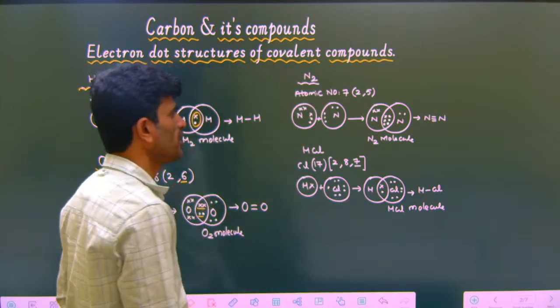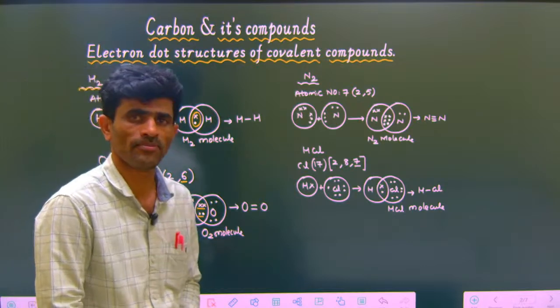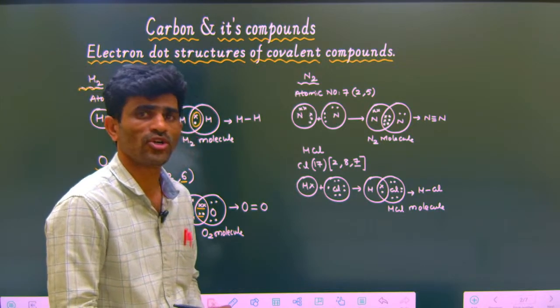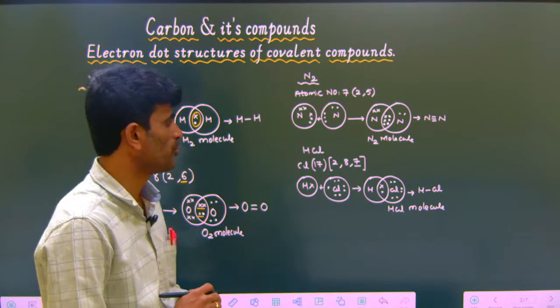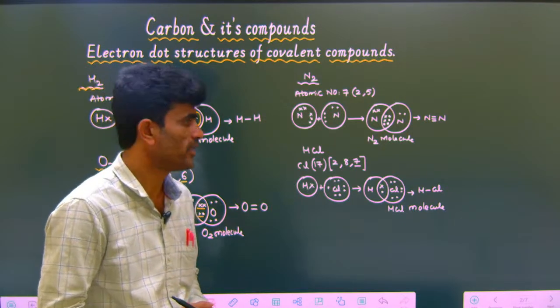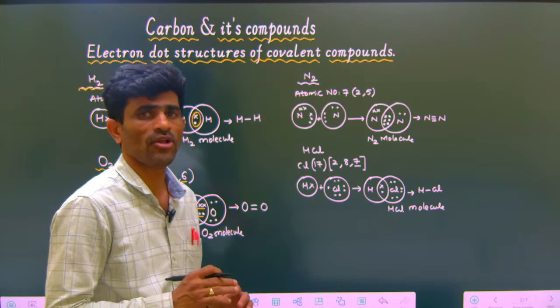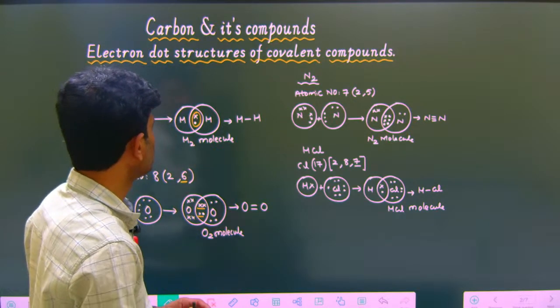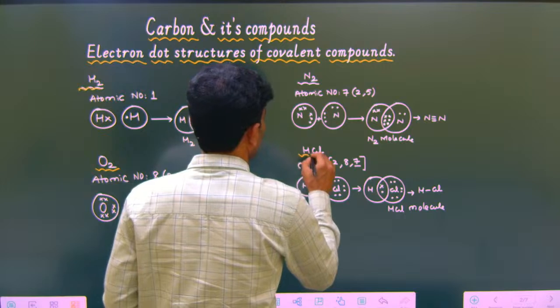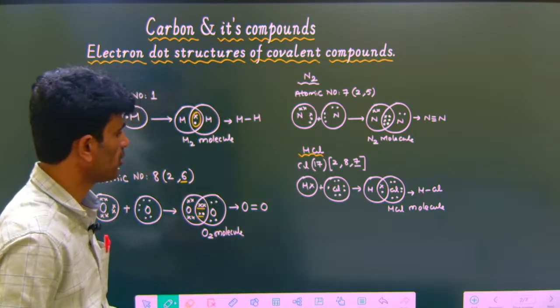So hope everybody understood how to draw the electron dot structures of covalent compounds. Here I have shown you only a few. If you want more, I have done one video only on electron dot structures. You can watch that video to understand better.